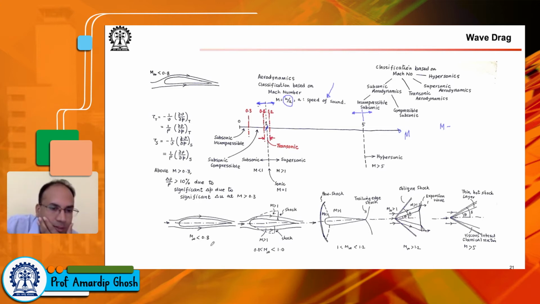Now, in these images on the bottom, we show that special consideration. So I want to draw your attention to the small aspect that, even when your vehicle is flying at a Mach number, say less than 0.8, there is nothing very specific about this 0.8.